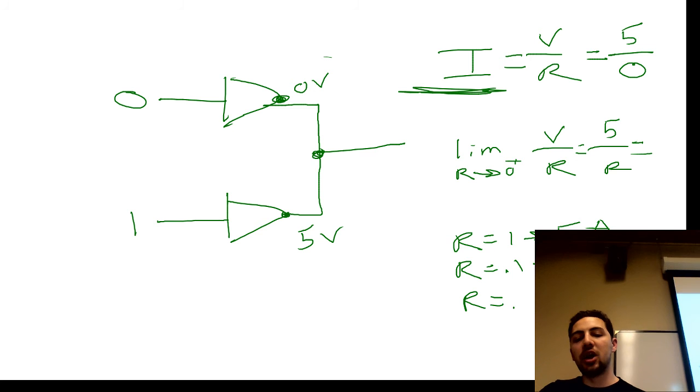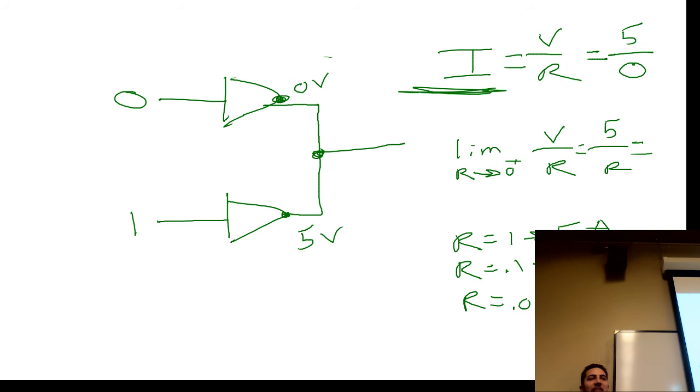As we get smaller, 0.01, 500 amps. Does anything strike you as odd about those numbers? What does this converge to? As a limit, what do we say the amperage is going to approach? Infinity amps.